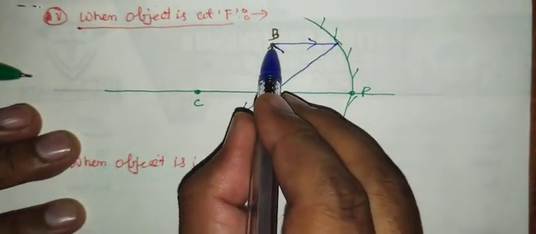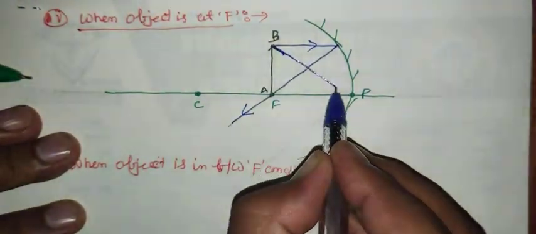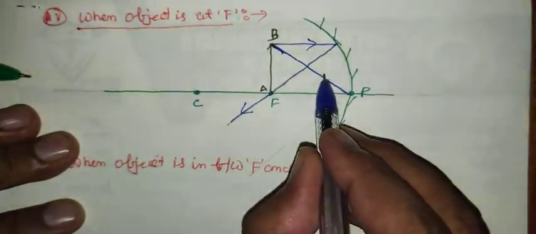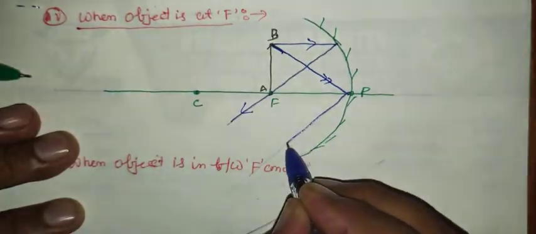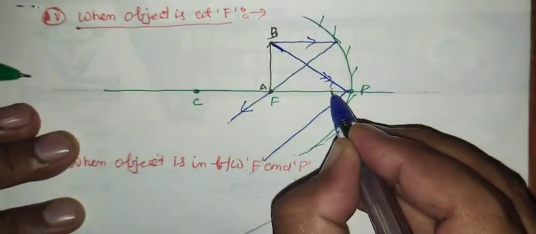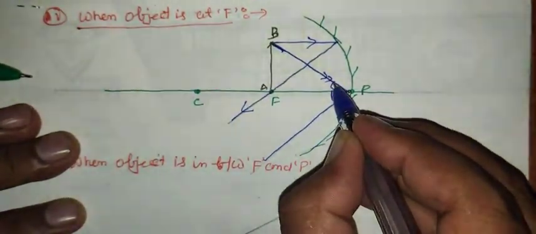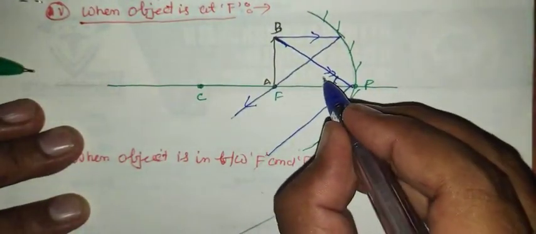The second ray we are taking is a normal reflection. This is the angle of incidence and angle of reflection, I and R are equal.